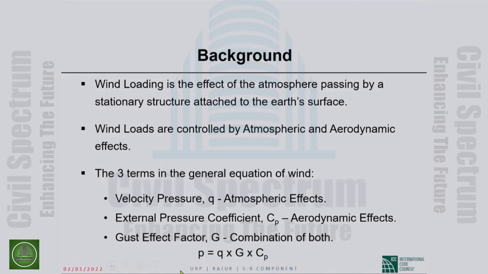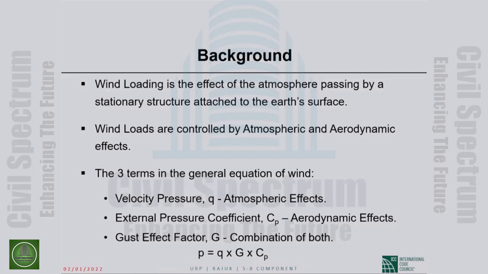Of those three terms in the basic equation, q, the velocity pressure, has to do with atmospheric effects. It doesn't have much to do with the structure itself. The external pressure coefficient has to do with aerodynamic effects. The structure is everything when it comes to Cp.